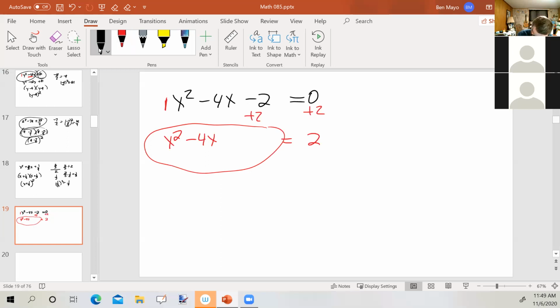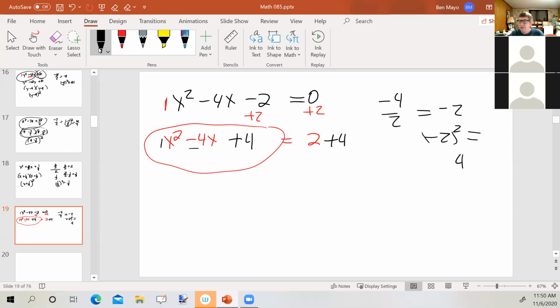Okay, so my leading coefficient's a 1. The coefficient of x is -4. I'm going to cut that in half, and square it, and I'm going to add 4. Adding 4 to the left turns it into a perfect square, but whatever I do to the left side of the equation, I have to do to the right side.